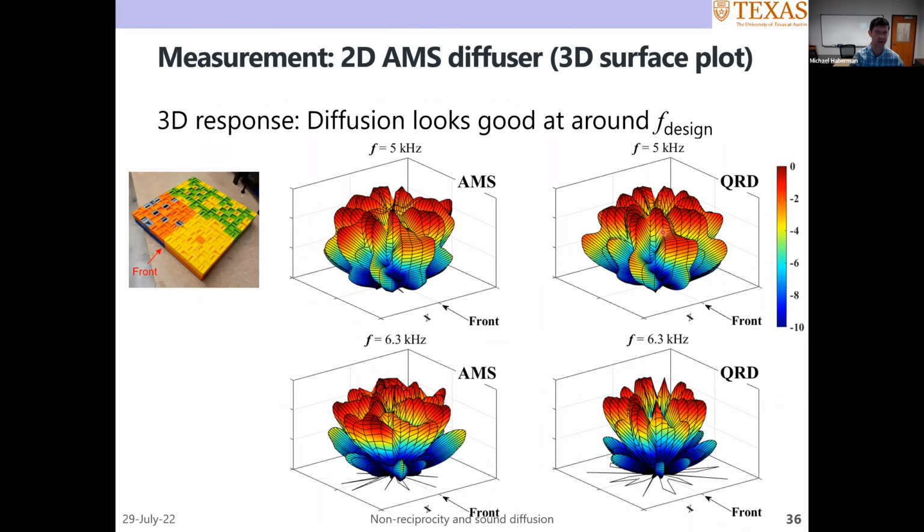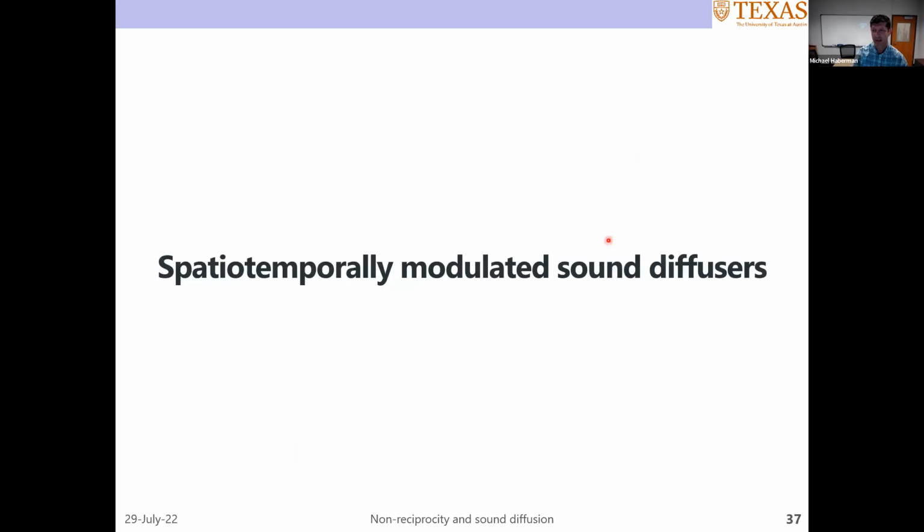And if you look at the diffusion coefficient, you can get the same behavior with about a λ/4 thickness, versus λ/8 thickness as the design of the QRD, which gives us some arbitrary control over that with a much thinner surface, which becomes potentially more practical. Okay, so that's a diffuser, kind of standard type of stuff, nothing super exciting, definitely not with respect to non-reciprocity. So why did I go through all that detail?